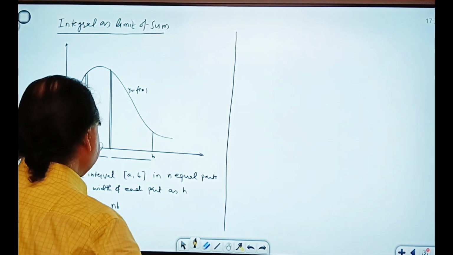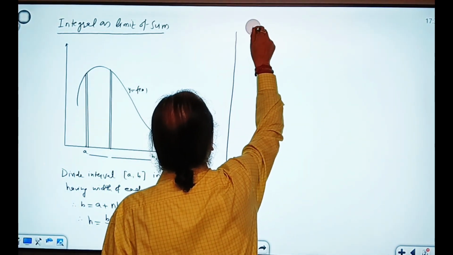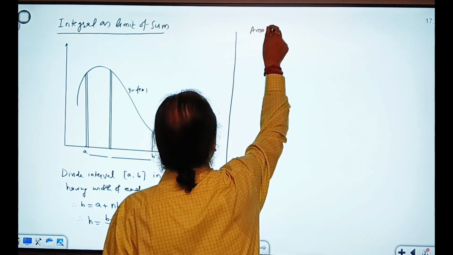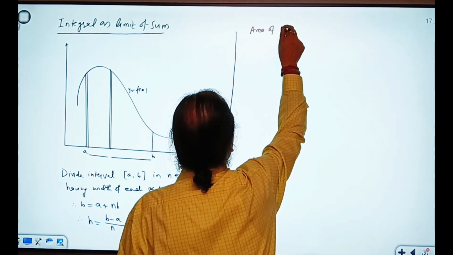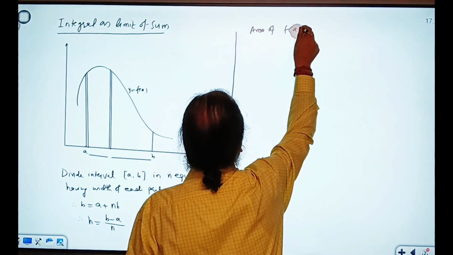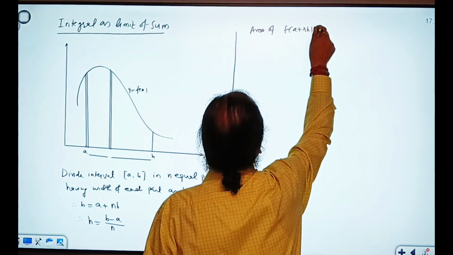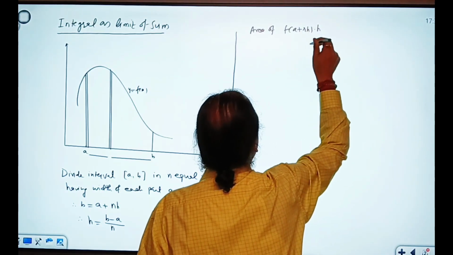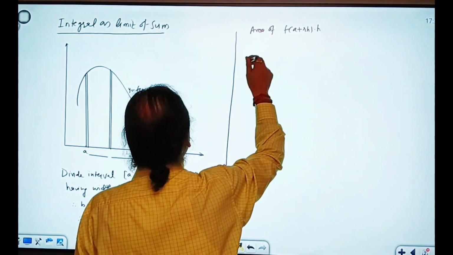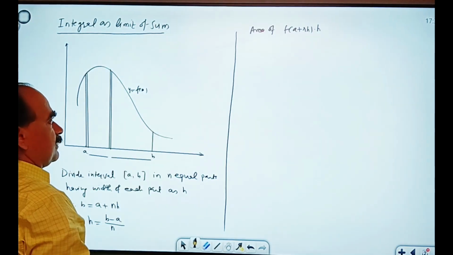The area of the rth part is what? f of (a plus rh) into h. h is the width, and the length of that rth part is f of (a plus rh).